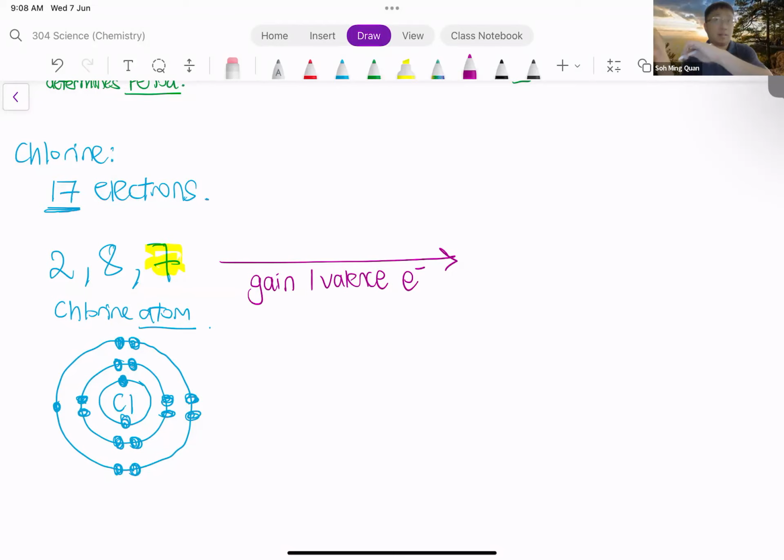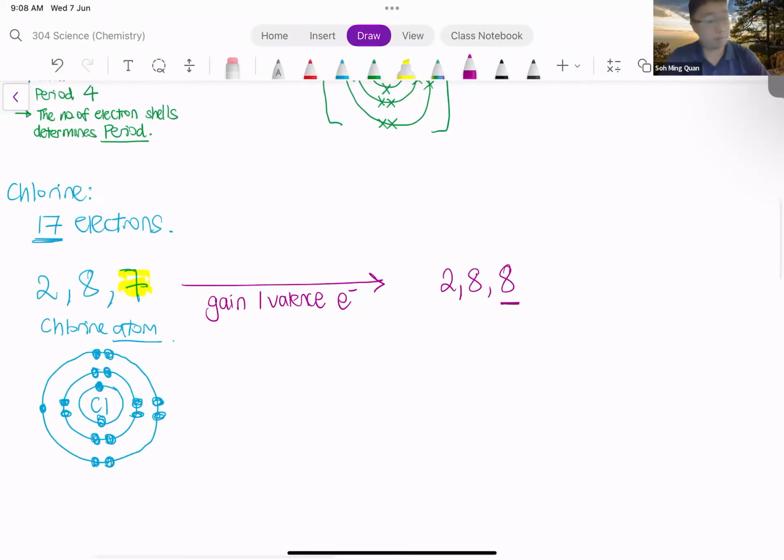To make 8, I just have to gain 1 more. If I gain 1 more, it becomes 2, 8, 8. 2 plus 8 plus 8 is 18. I have 18 electrons in the ion of chlorine.